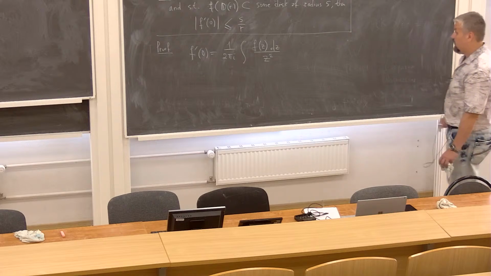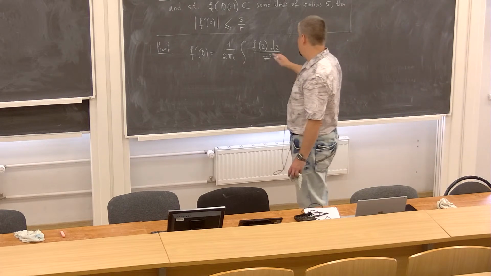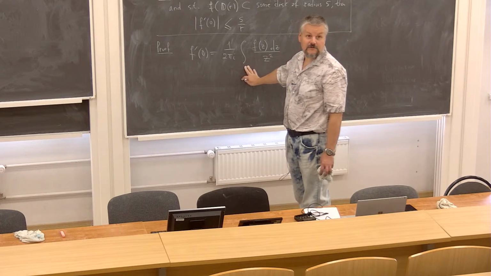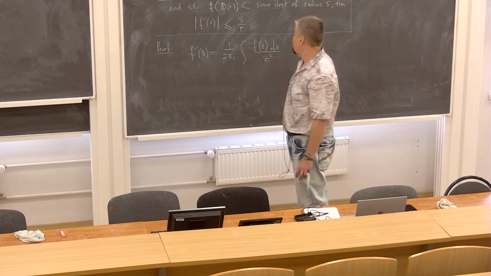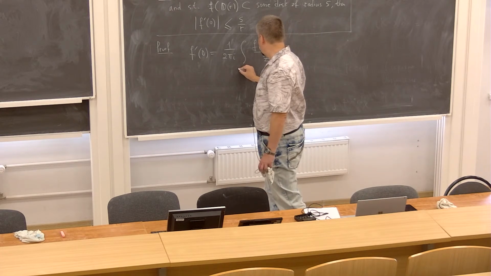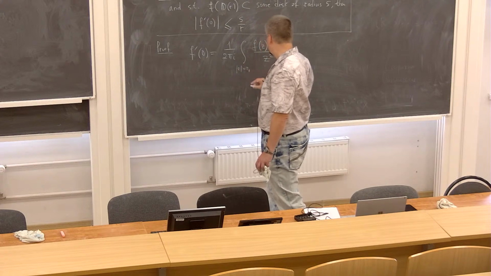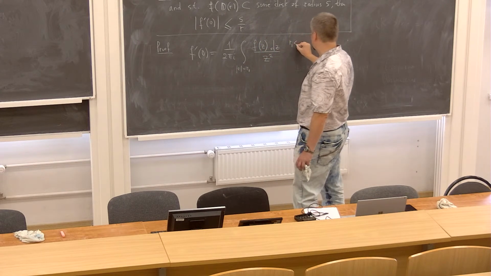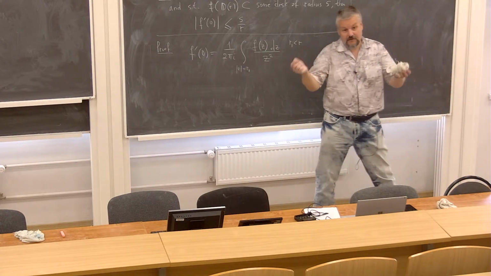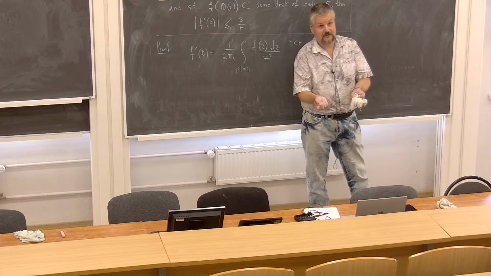So, the only thing is that the integration is over a circle of some radius r1, where r1 is only slightly smaller than r, because I want a circle that lies entirely in our disk, and the circle of radius r doesn't.